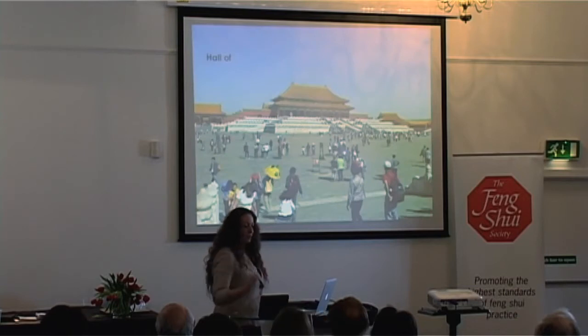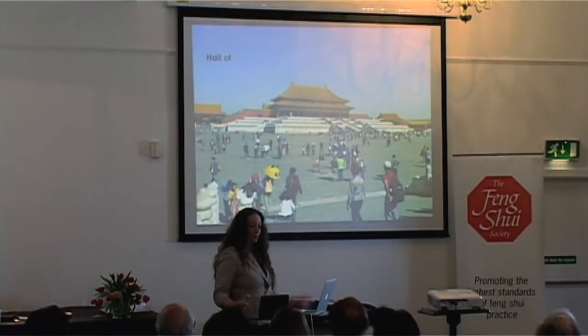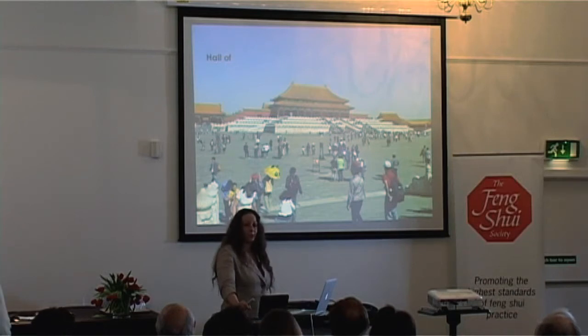Okay, so then as we enter the Forbidden City, the most important building, some of the words haven't come out on the pictures, but the most important building in the Forbidden City, I would say, is called the Hall of Supreme Harmony. It's the central building in the Forbidden City, and that's where the emperor would sit when people came to visit him.